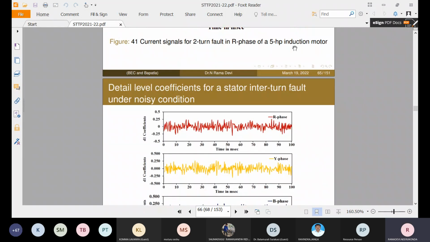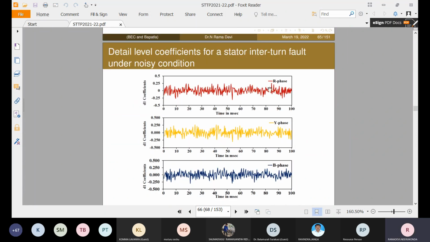When this signal is analyzed with the proposed algorithm, these are the detail level coefficients. Can you observe any fault instant here? The mother wavelet is correlated with the noise and gives coefficient values equal to the fault disturbance coefficient values.